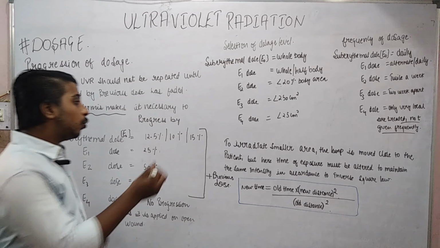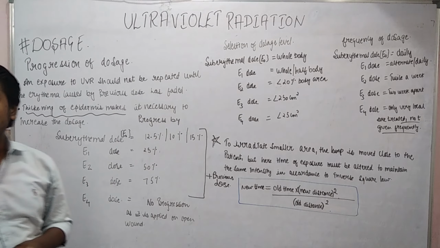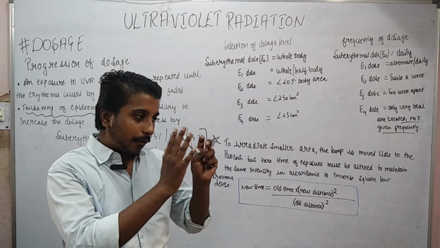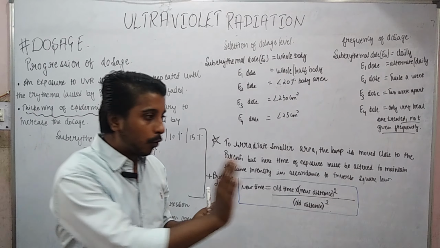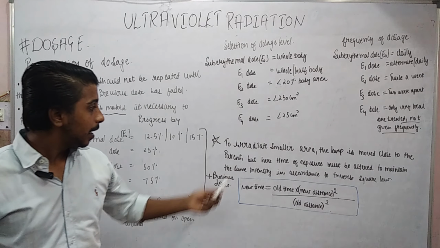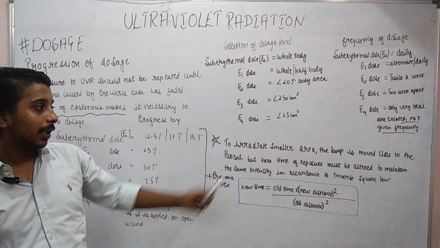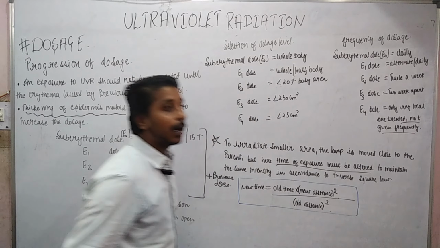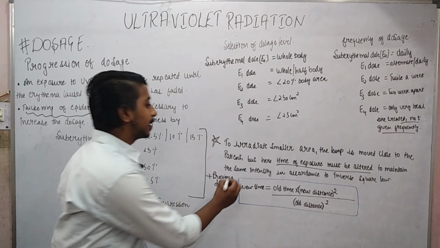Now, to irradiate smaller areas, for example when we are treating an individual and want to focus on a small area, we need to move the source close to it. To irradiate the smaller area, the lamp is moved close to the patient, but here the time of exposure must be altered to maintain the same intensity.